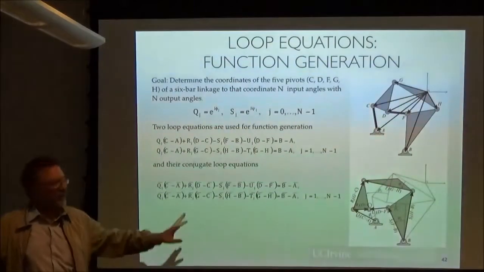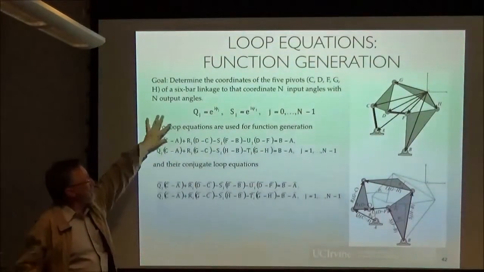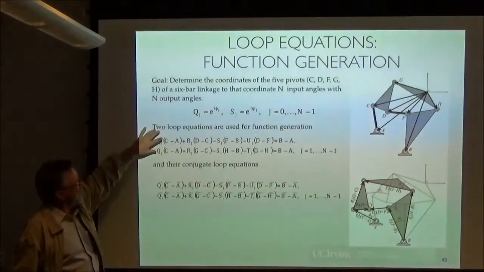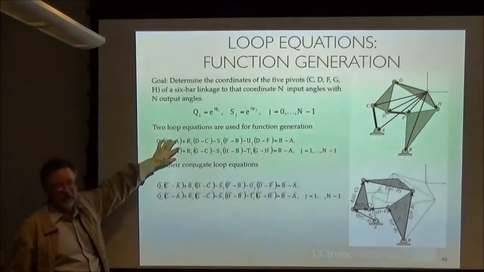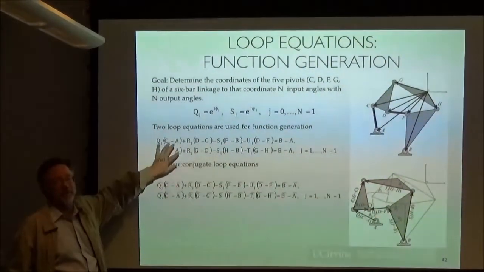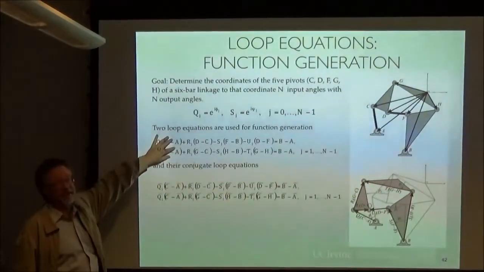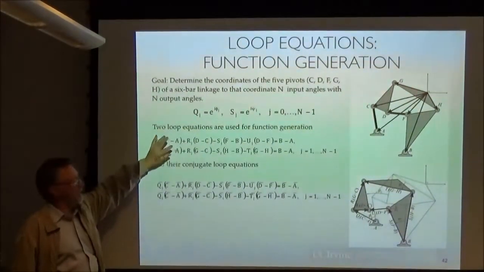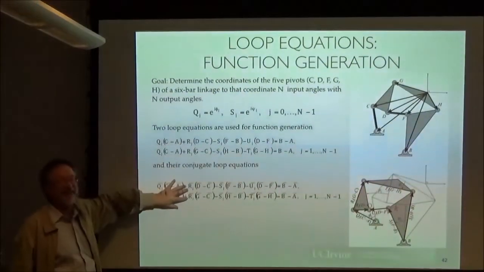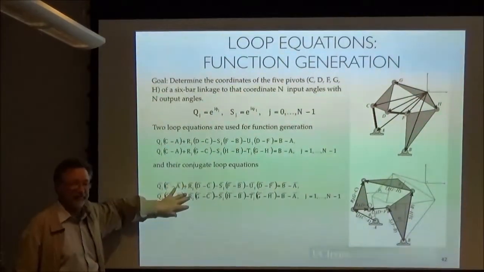So we have these loop equations. The only thing I'll point out here is that we use this trick that was introduced by Wampler, and this is something I would never have known to do. You formulate the equations in their complex form and in their complex conjugate form.